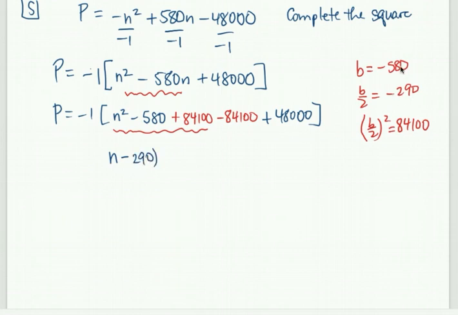All I do is I look at that b over 2 term. It's always right here. Okay, factor it down, and that's what it looks like. And then I'll add these 2 up.